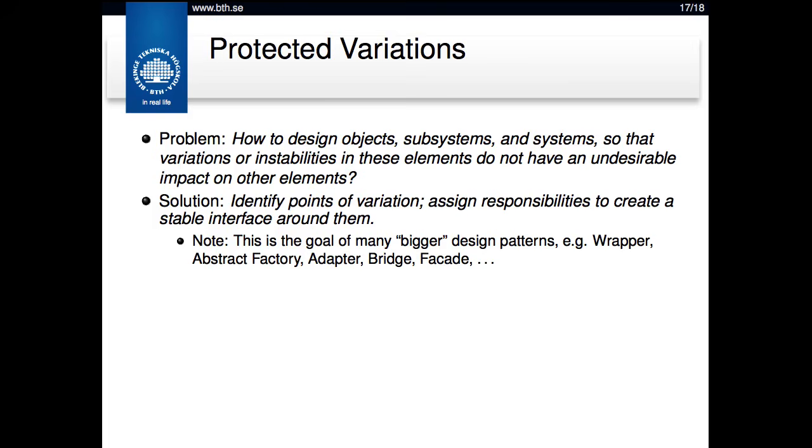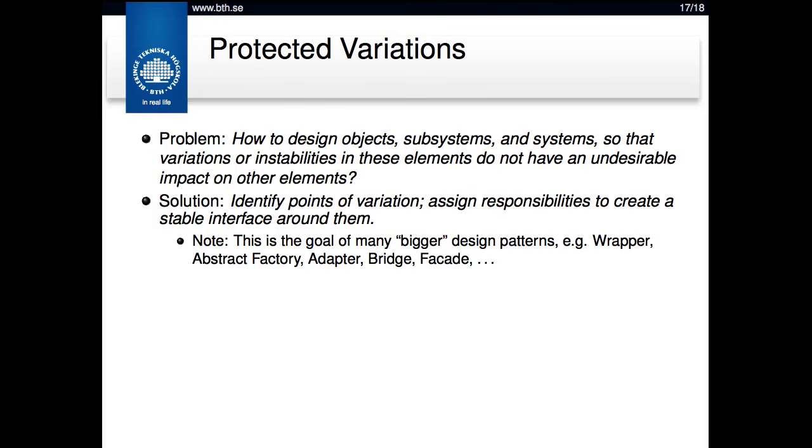And the idea here is also a special case of indirection. First of all, I need to identify where this system can vary. And then I make sure that I get a stable interface around them. I put wrapper classes around them, which means I introduce an indirect class that I'm using in the rest of the system. And then this wrapper class is responsible for talking to the code that may vary.